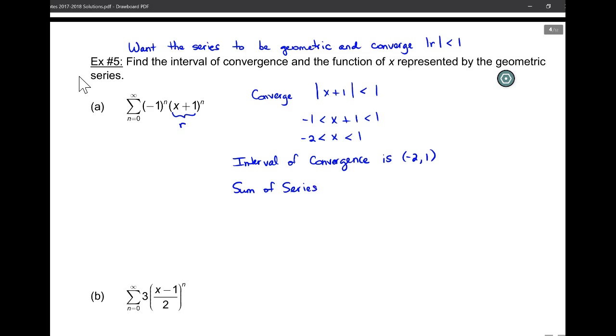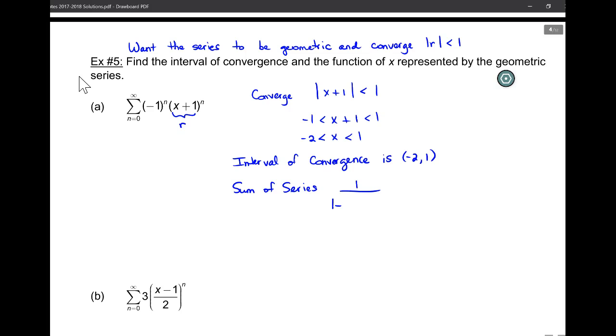And then the sum of the series, okay, so we know from previously this is going to be the first term. So if you look at the first term in this series, so when n equals 0, we get 1 over 1 minus, or actually, I'm sorry, let me back up here.